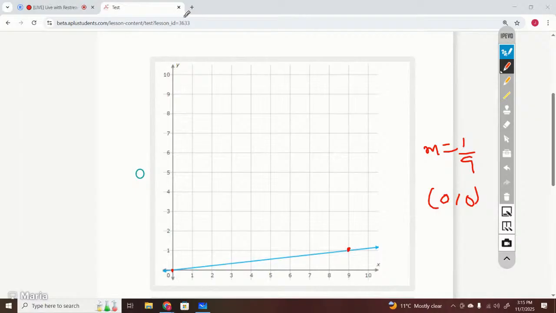So this is the graph of the given point, and option number 1 is the correct option.